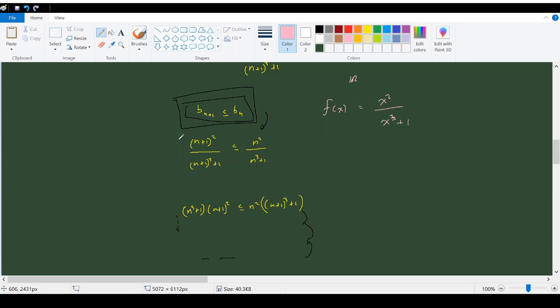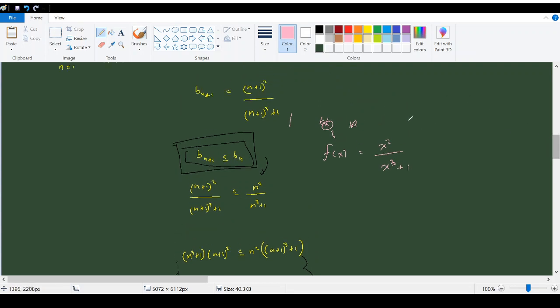That's the exact same term as the bn, but instead of those n values, we consider a function on a real number set, right? But if it is n, that is just for the integers only. Okay, so now our bn was equal to n squared over n cube plus 1.